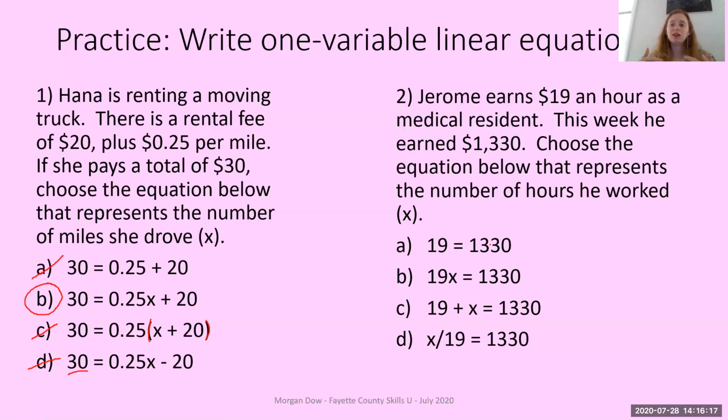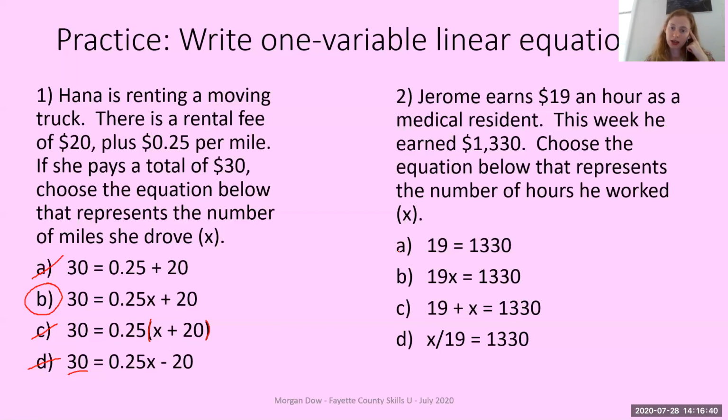Doesn't matter, right? It's an equal sign, so you can flip things around. They're still equal. So let's go through these answer choices. Remember, since the total earnings are on one side, we want to be thinking about what goes into the total earnings. How do you calculate the total earnings based on that hourly amount?